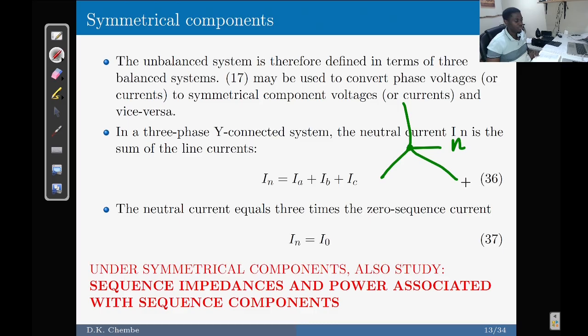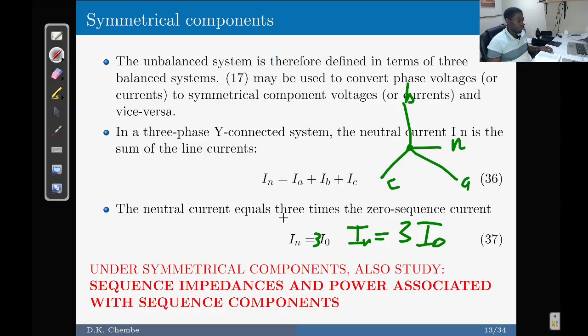That is, if you have A, B, C, for instance, you have IA plus IB plus IC, which is the neutral current. And then the neutral current equals 3 times the zero sequence current. So this is supposed to be 3 here. So the neutral current equals 3 times the zero sequence current.